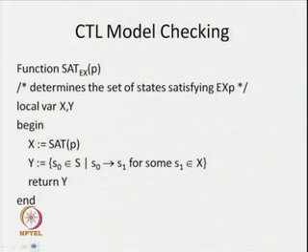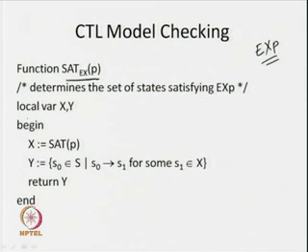Now, this is the algorithm. What is the function? It is the function SAT EXP, the satisfiability function. That means find the set of states where the formula EXP is true. We are going to determine the set of states satisfying EXP.